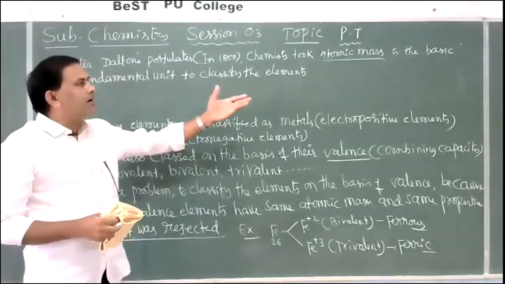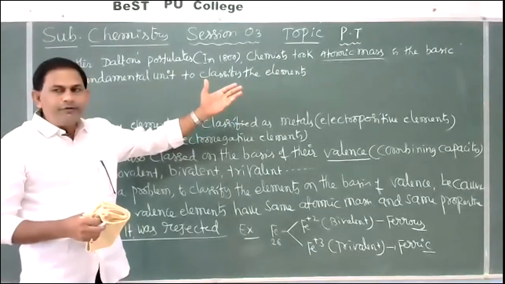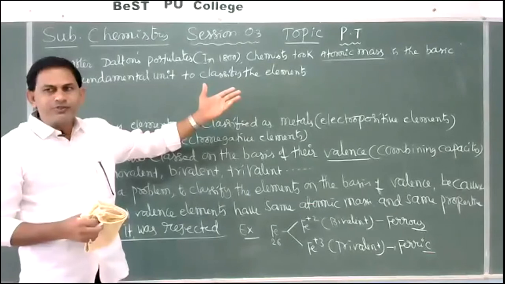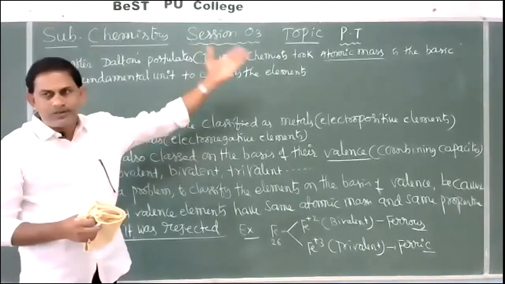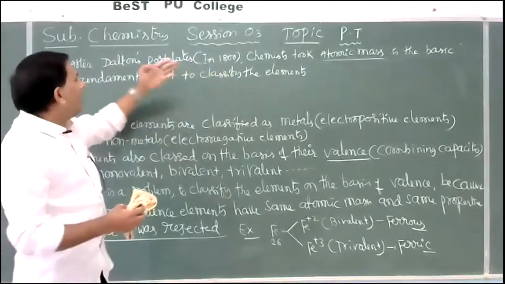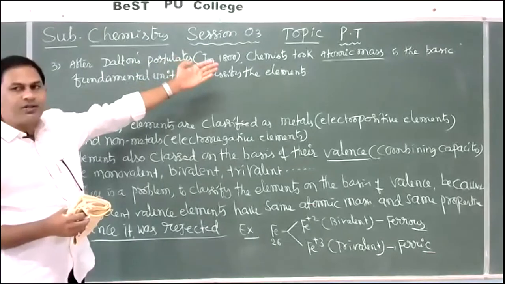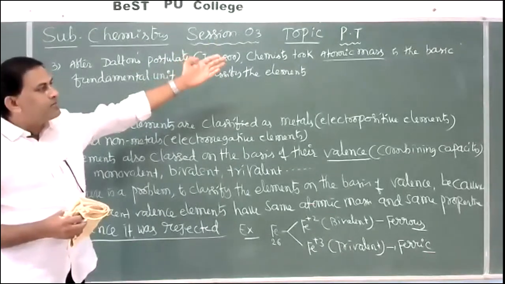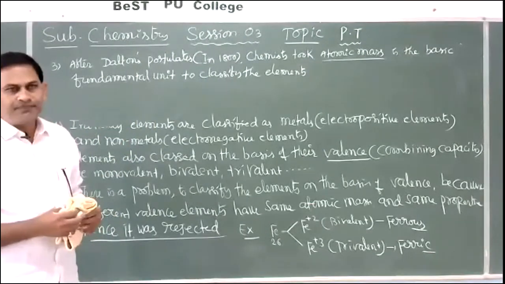After atomic mass, there are other newly modified periodic tables, based on atomic number and electronic configuration. That is another concept. Initially, after Dalton's postulates in 1800, scientists took atomic mass as the basic fundamental unit to classify the elements.